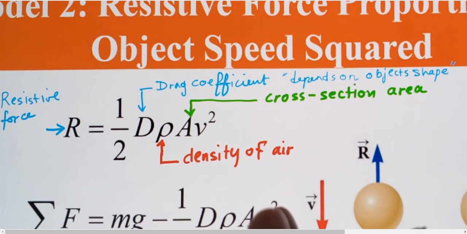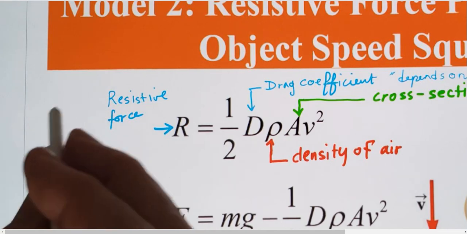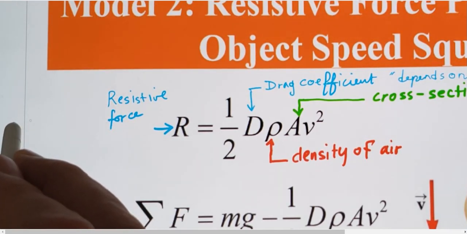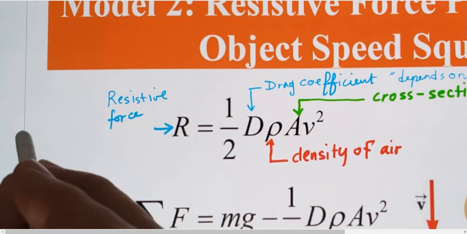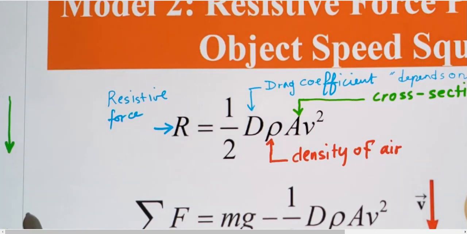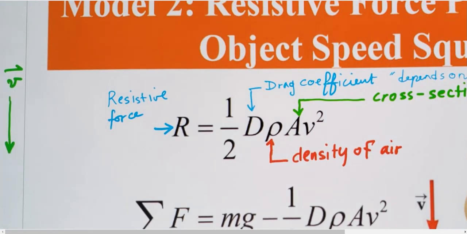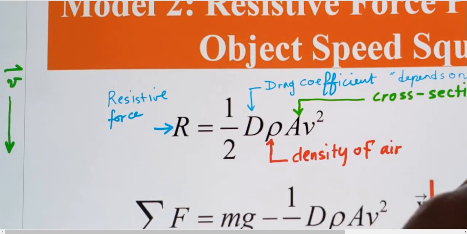Let me try to explain it here. If a person is falling down in a free fall, the direction of velocity is like the direction of gravitational acceleration. Now we are talking about the cross-section area perpendicular to the velocity.